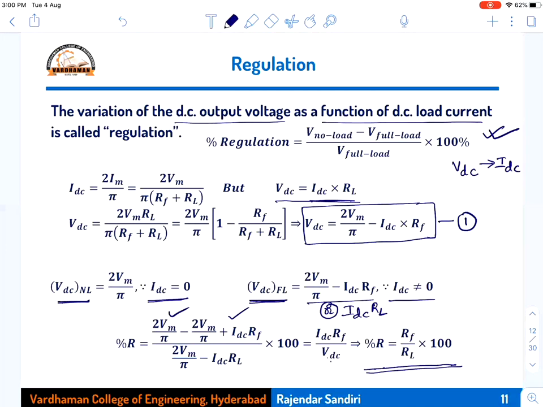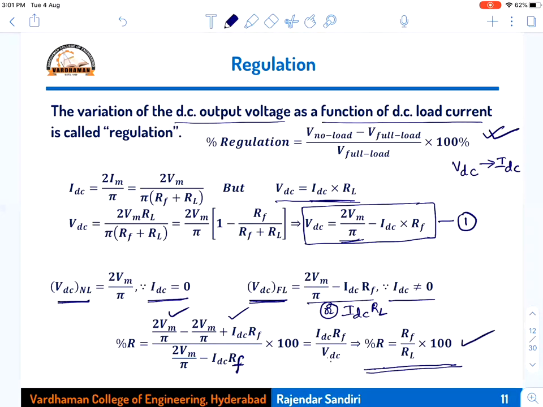But in this equation number 1, there will be a difference. Here 2Vm by pi is there, but in the case of the half wave rectifier it is just Vm by pi. You get VDC equals Vm by pi minus IDC RF. Here in this case, you get 2Vm by pi minus IDC into RF. The entire thing can also be replaced simply with IDC into RL; IDC will cancel and you get RL.